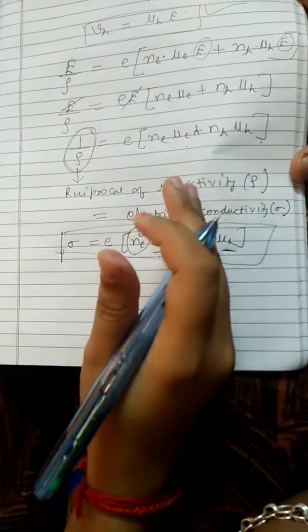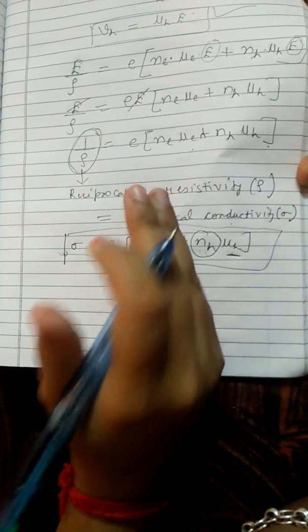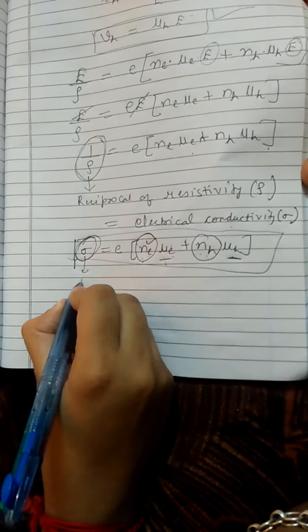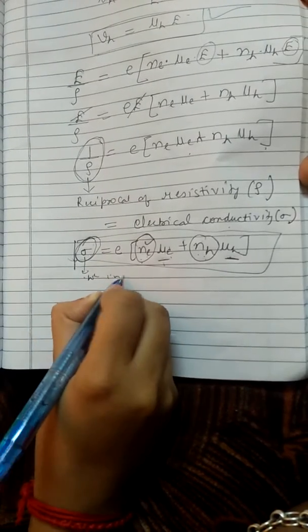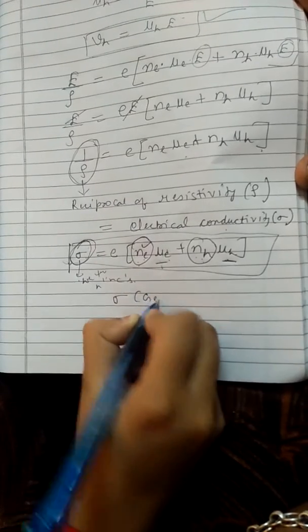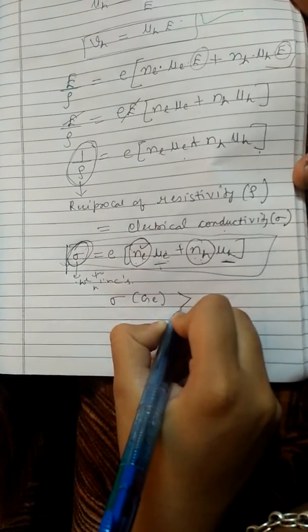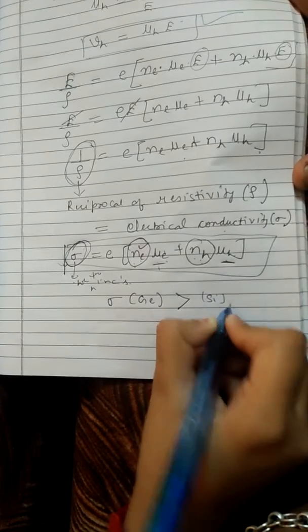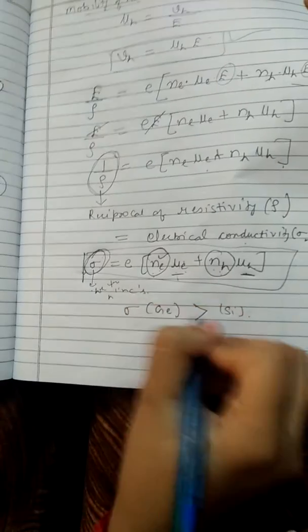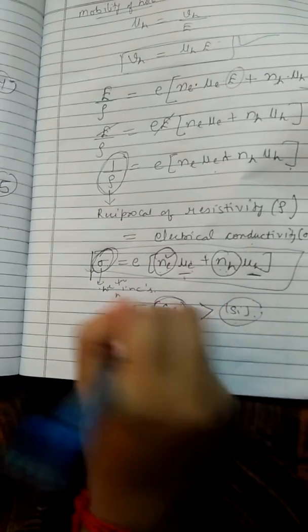At room temperature, the electrical conductivity of germanium is always greater than that of silicon, because the number density of charge carriers is more in germanium than in silicon. So this shows the electrical conductivity in the case of an intrinsic semiconductor.